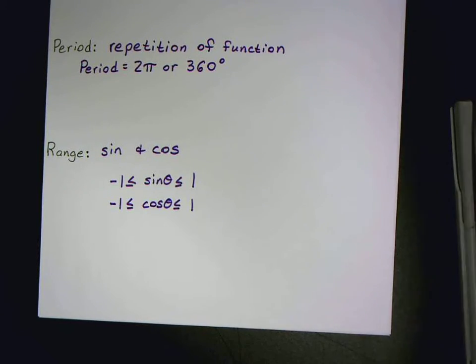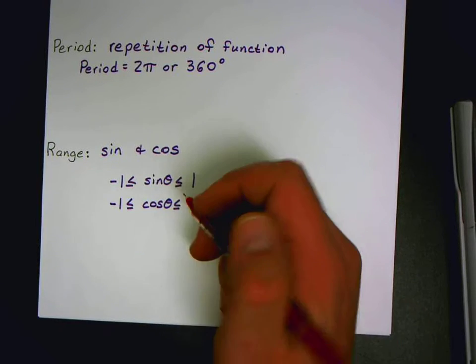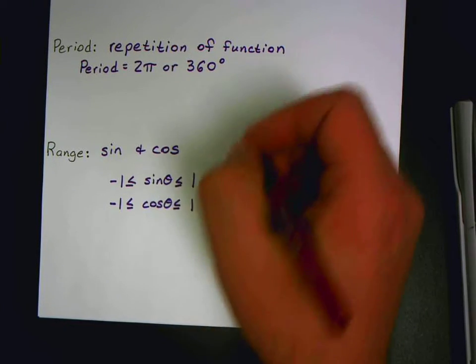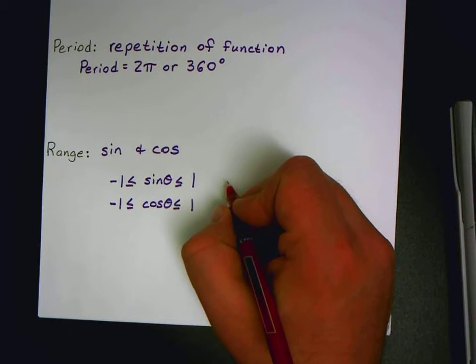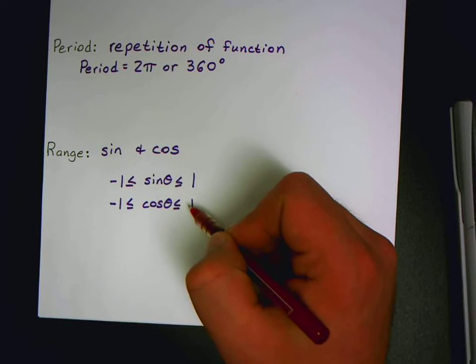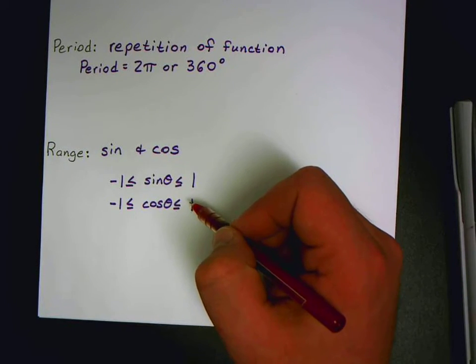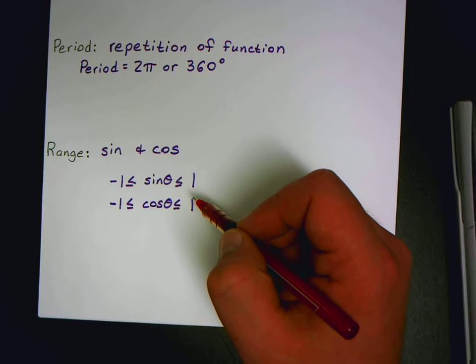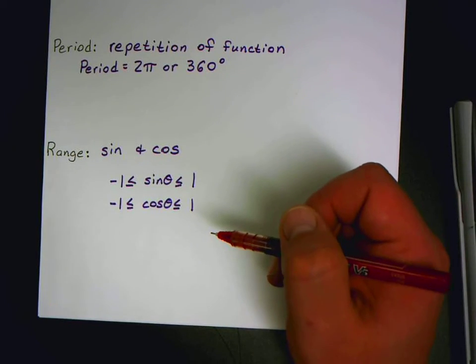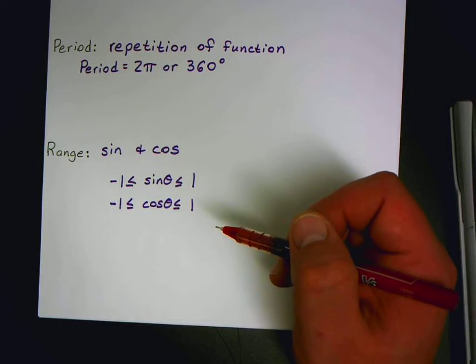And that has to do with the division part. Since the others all have division involved, they don't have that restriction on them. So just those two have that. Tangent, cotangent, the other two, secant, cosecant, they can all go up to infinity.